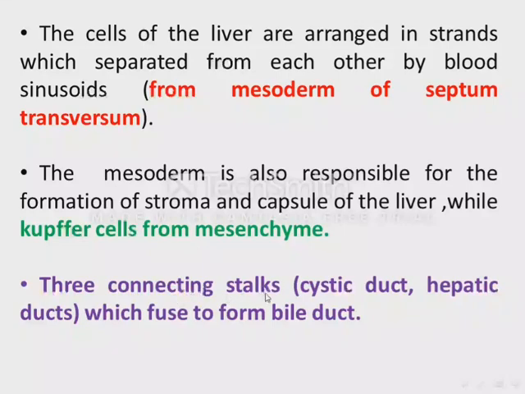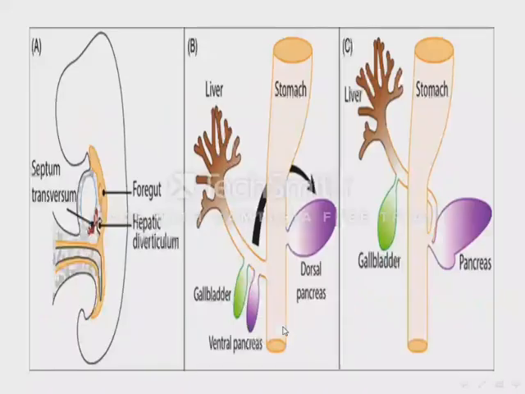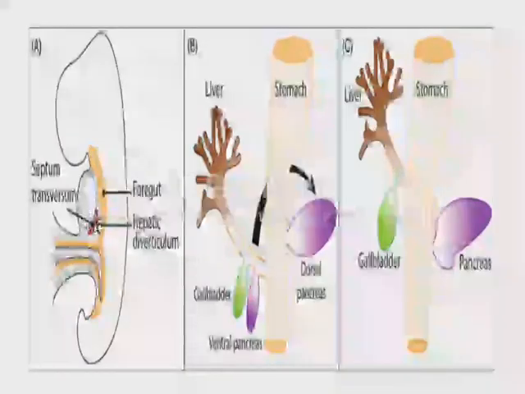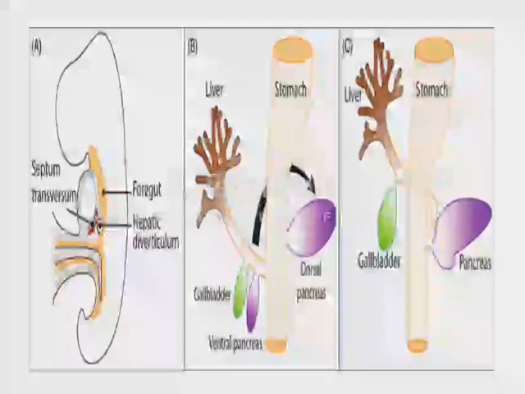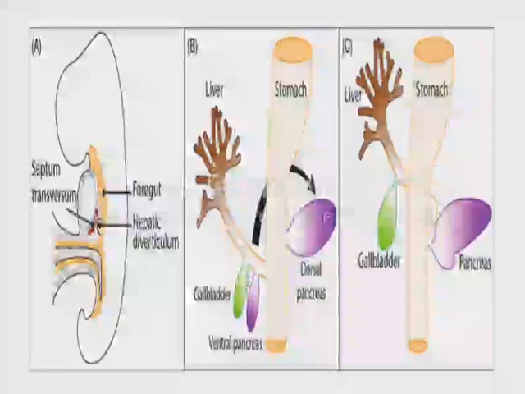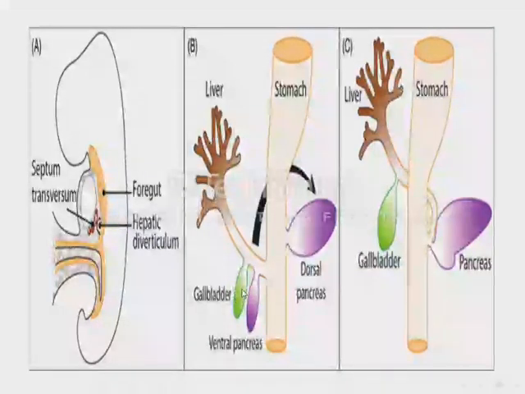The connecting stalks form the cystic duct and hepatic duct, which fuse to form the common bile duct. Again, here is the liver bud, pars hepatica and pars cystica, forming the liver lobules, the gallbladder and the cystic duct, and from the stalk the common hepatic duct and cystic duct form the common bile duct.